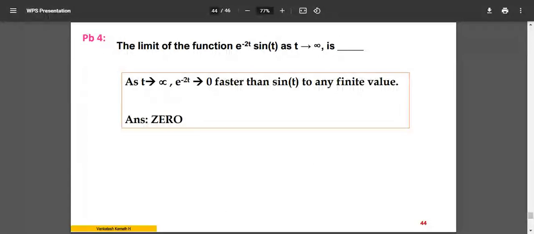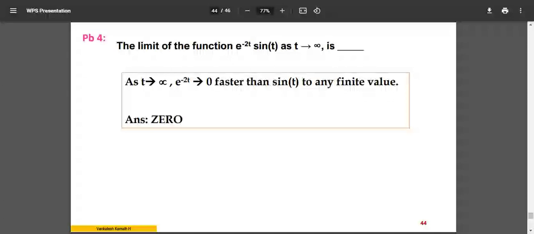Now, one thing you have to remember always, as t tends to infinity, e power minus 2t means it is going at double the speed. Look at it. t is going with one particular speed, it is reaching infinity. e power minus 2t is reaching with double the speed, 2 times the time, the variable t. So it is moving with a double speed.